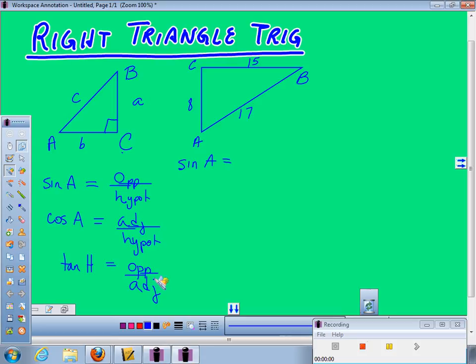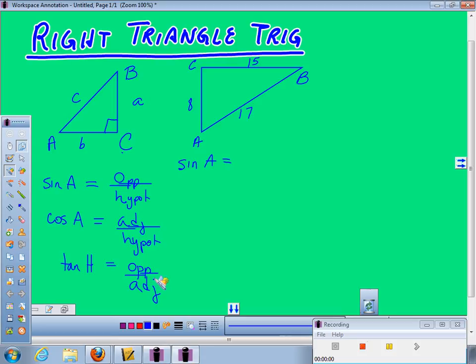You could turn these upside down again, but there's really no need to. You can solve everything you need here. Now, this only works on the acute angles. You cannot do this on the right angle. This is only using angles A and B.